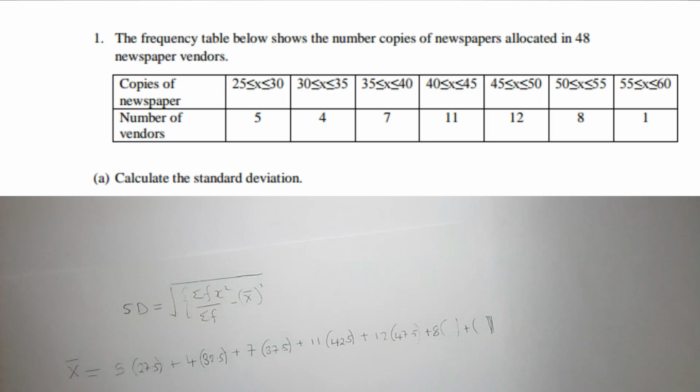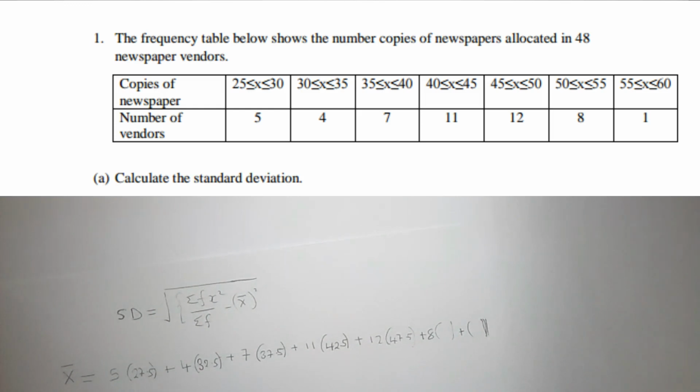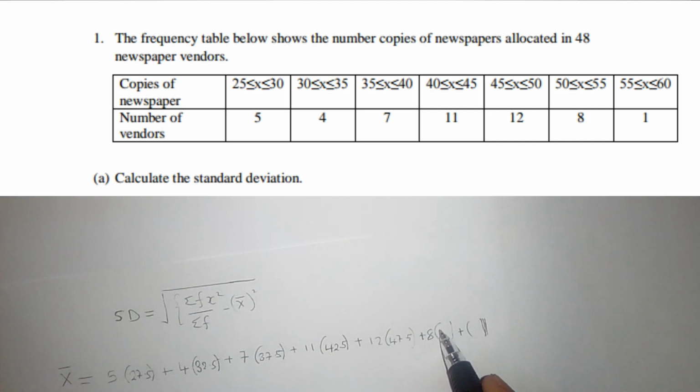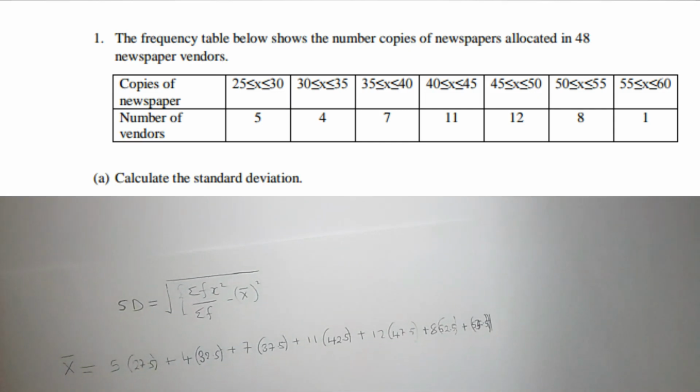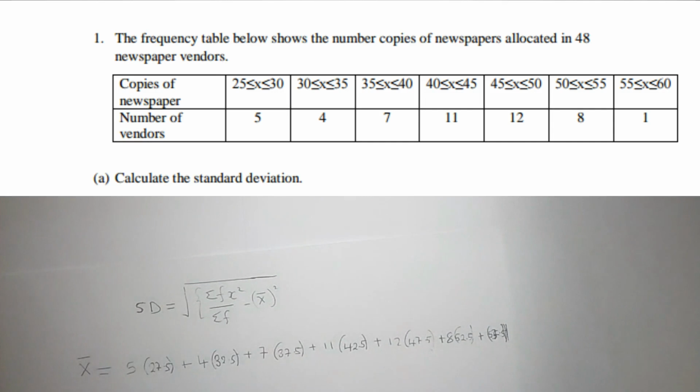The next one will be 50 plus 55, divide by 2, it will be 52.5. And the last one will be 57.5. So that's 57.5.